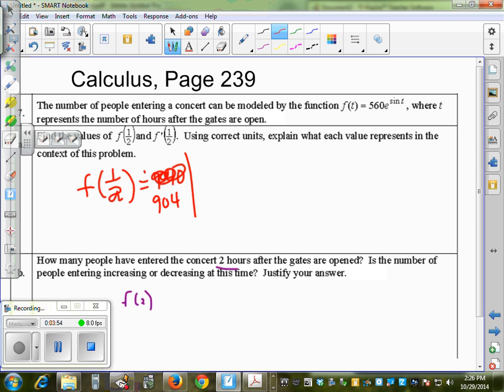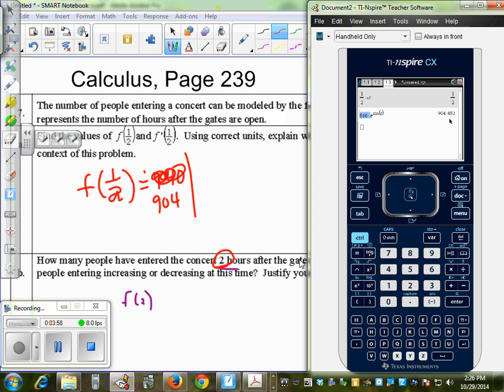All right, they want to know how many entered 2 hours later. The reason why I did that is I'm going to go back here and store 2 in for t.